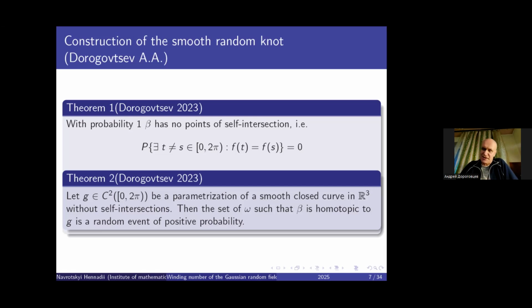Of course, despite this topological characteristic, for the polymer model we have some other characteristics very well known in physics, which look very simple at first sight. For example, the radius of gyration.